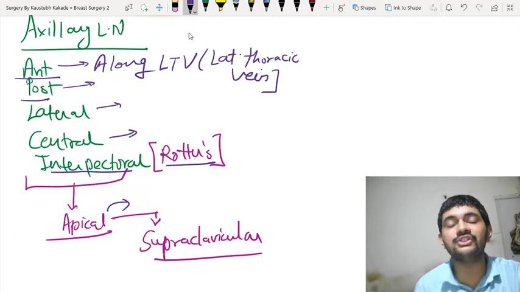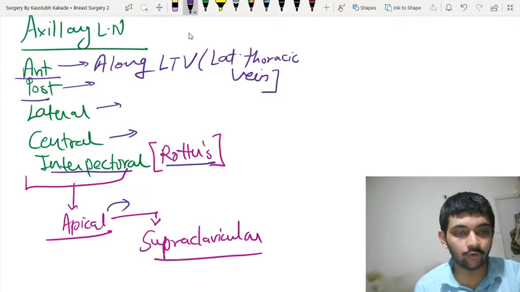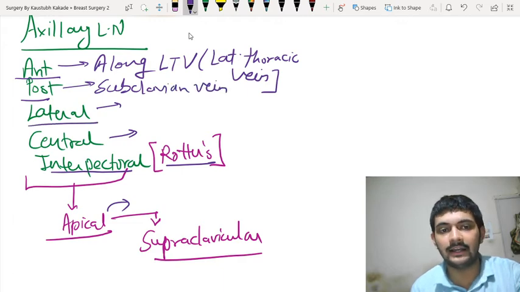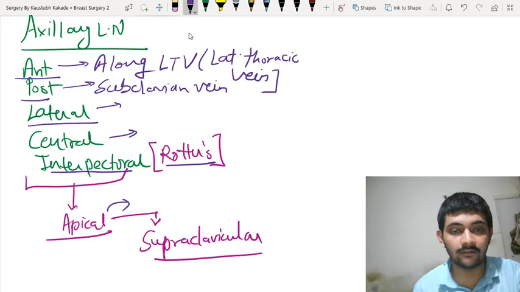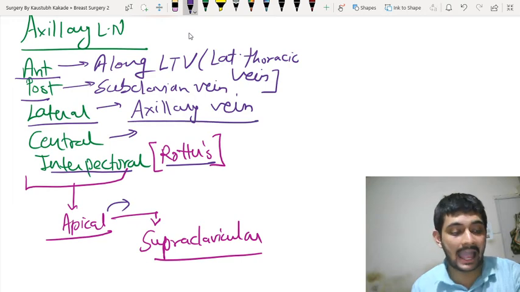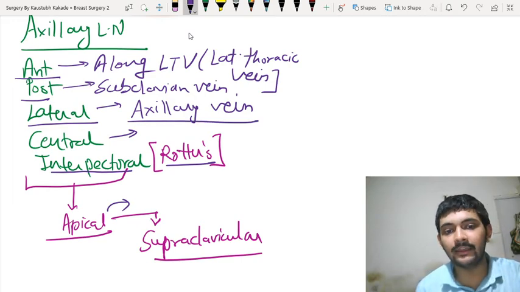The posterior group is along the subclavian vein. Lateral group is along the axillary vein, and your apical group is also along the axillary vein.